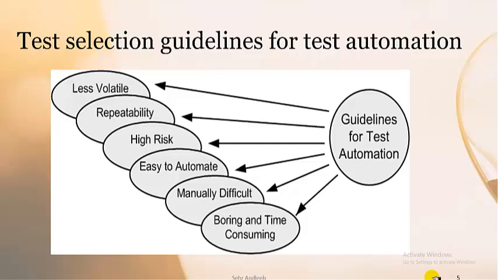Now the test cases that lie in these 6 categories can be assumed to be candidates for automated test cases. These test cases should be less volatile, repeatable, high risk, easy to automate, manually difficult, boring, and time consuming. We will discuss them one by one.